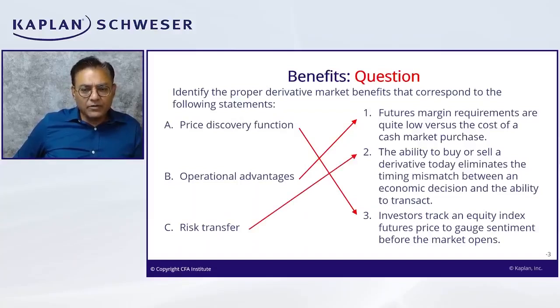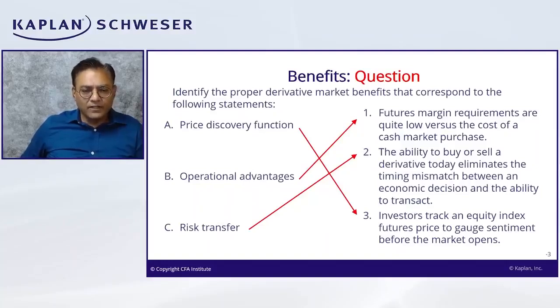The ability to buy or sell a derivative today eliminates the timing mismatch between an economic decision and the ability to transact. If, for example, I'm expecting to need capital 3 months from now, I'm expecting to take out a loan 3 months from now, then I can enter into a forward contract, an FRA, forward rate agreement, to basically lock in a rate today.